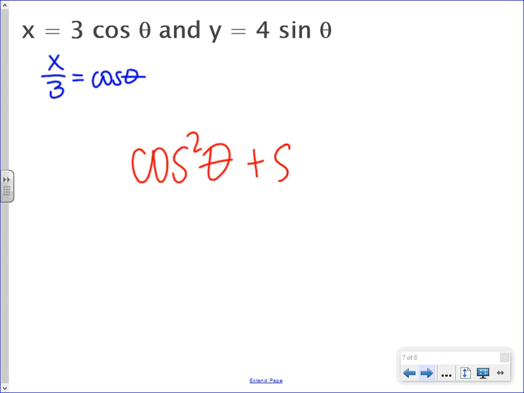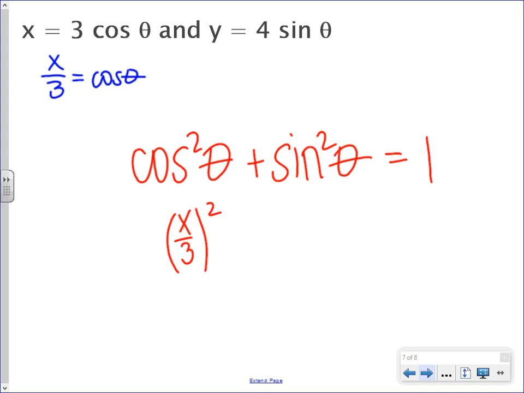I'm going to flash back to identities. Is this true? We just saw that the cosine of theta is x over 3, right?